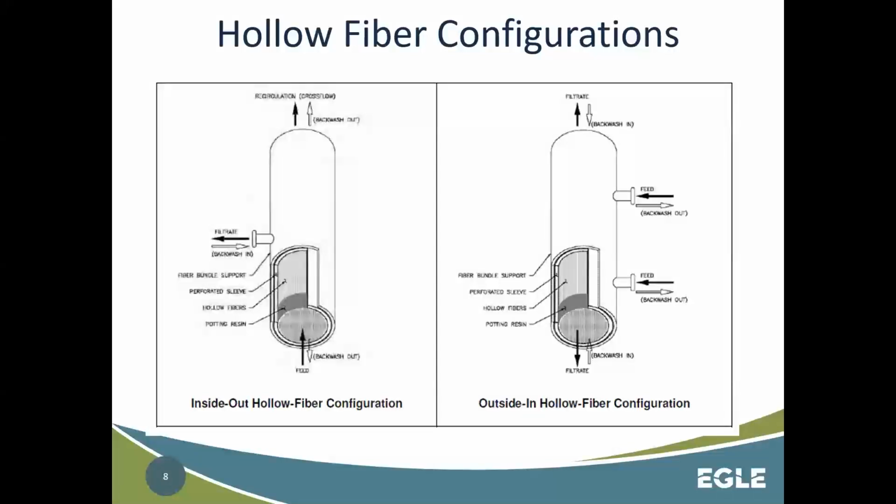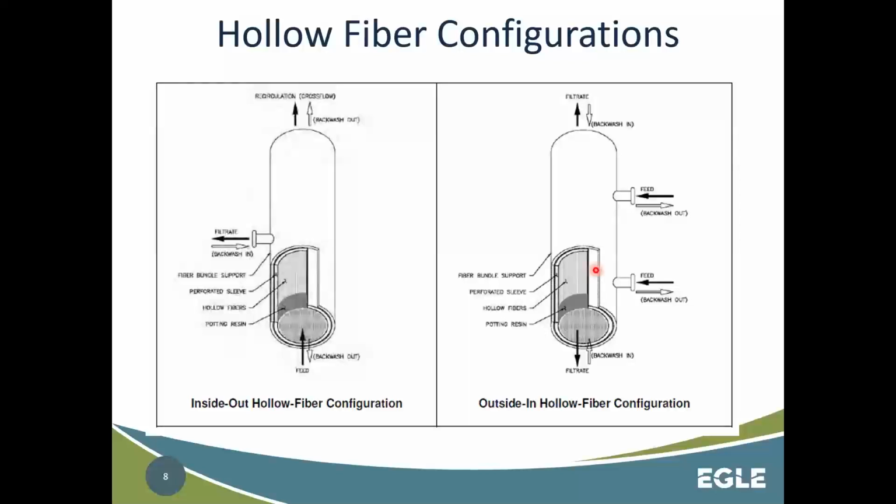This is kind of an older figure from the EPA guidance manual, but you can see this one here is the more common. You've got your feed water that comes into this pressurized module, and then you've got your membrane fibers in here, and the water must go through the outside wall of, think of this as a straw, through the pore spaces.